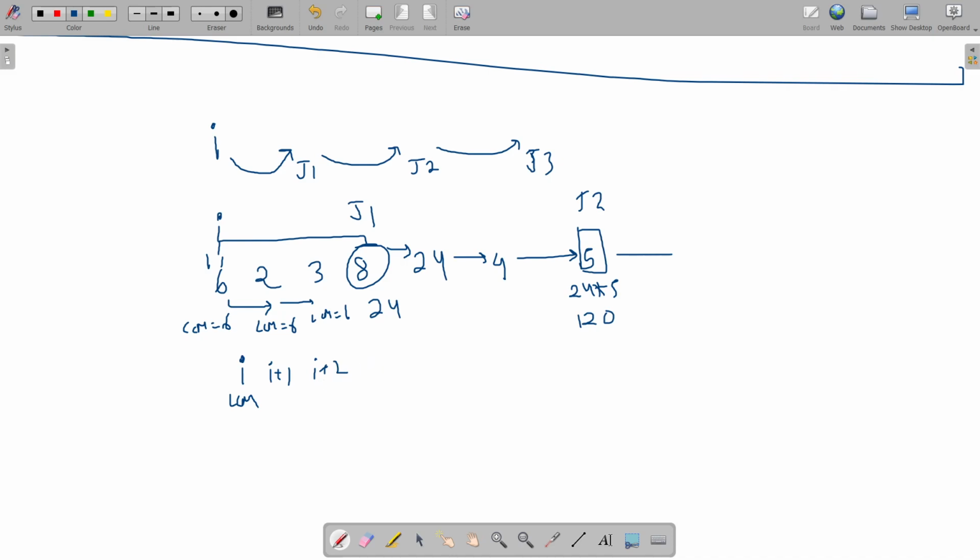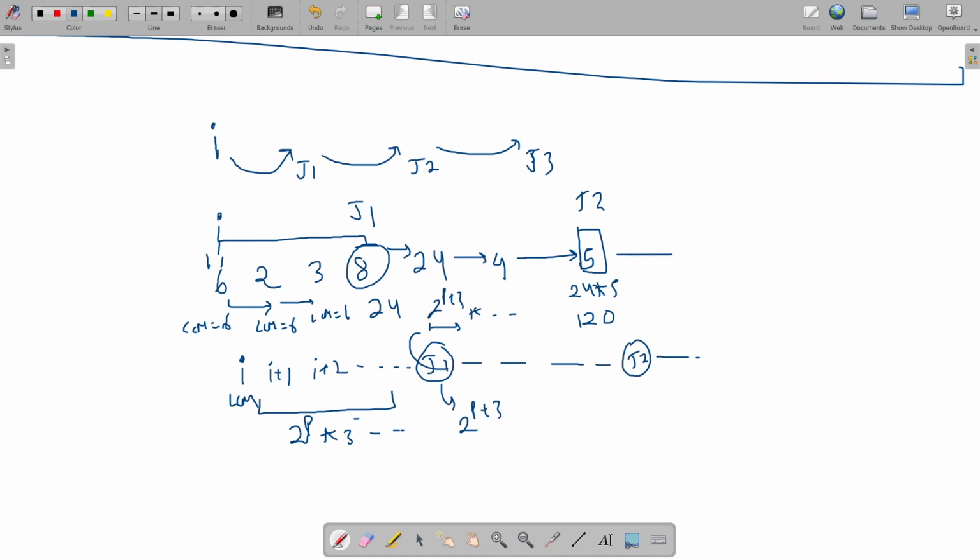Then suppose at some J, this number actually contributes some extra power. Suppose till here the LCM was something like 2 to the power p into 3 to the power something into something else. And this number was 2 to the power p plus 3. So the LCM beyond this point will increase to 2 to the power p plus 3 into something, right? So at this point the LCM changes. Then we want to find the next point where the LCM changes and so on.